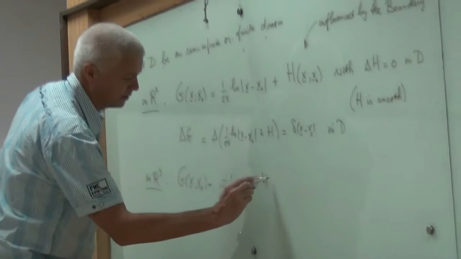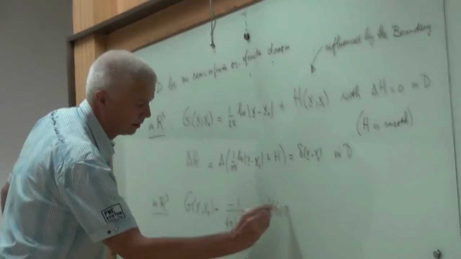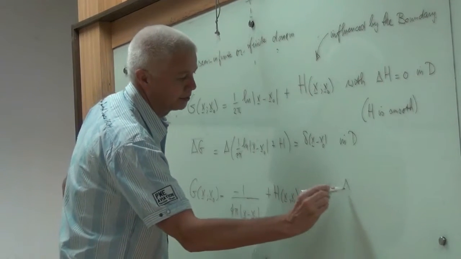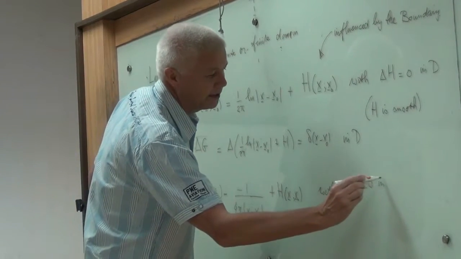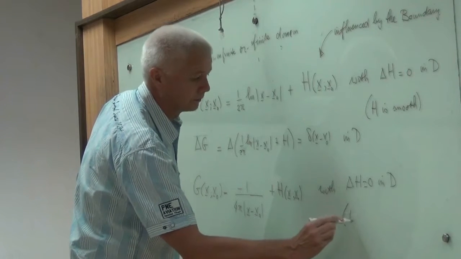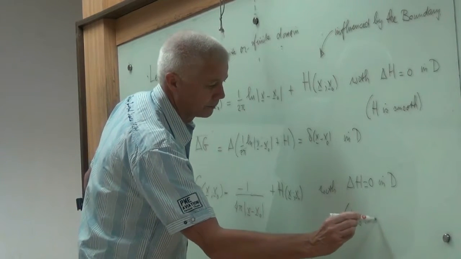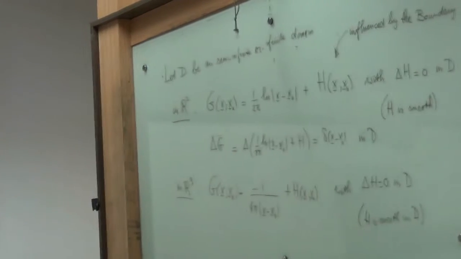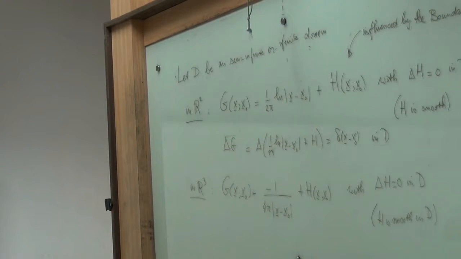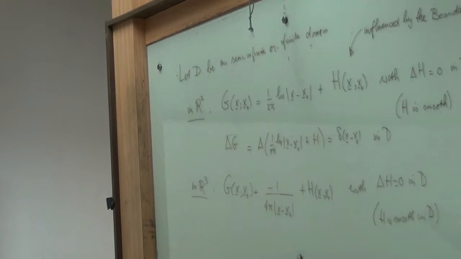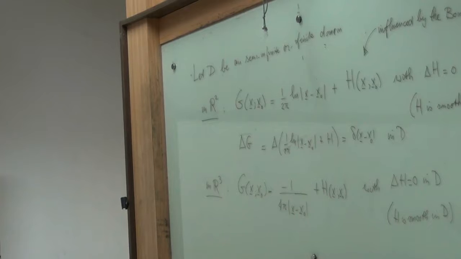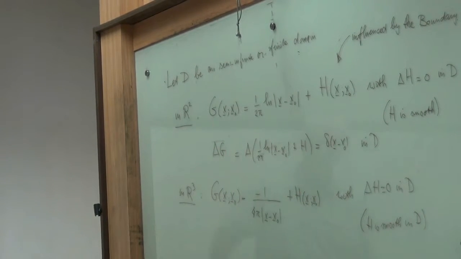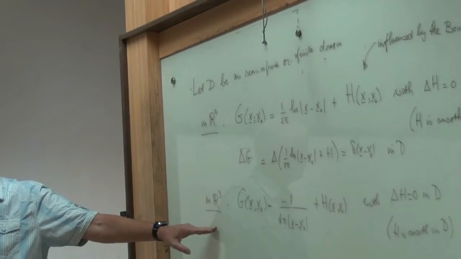And it will have a smooth part plus h(x, x0) with Laplace h is 0 in D. And that function is a nice function, smooth, differentiable, bounded, and satisfies Laplace h is 0 in D. And that's always the structure of your Green's functions. So in R2 this and in R3 this.